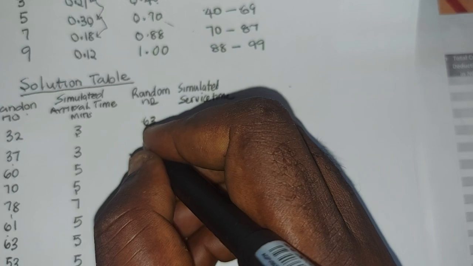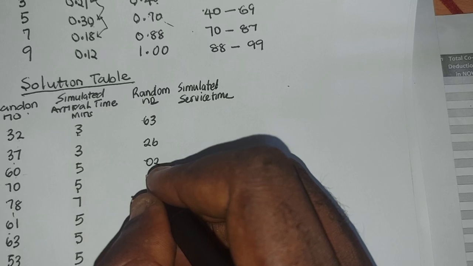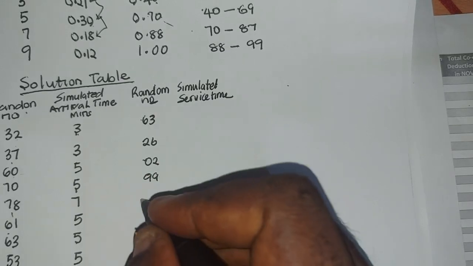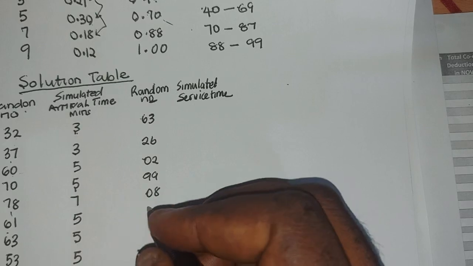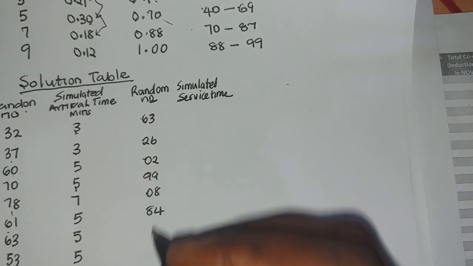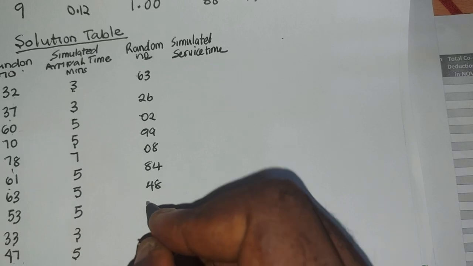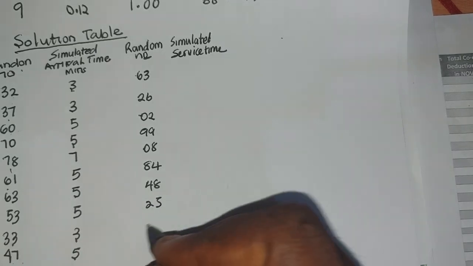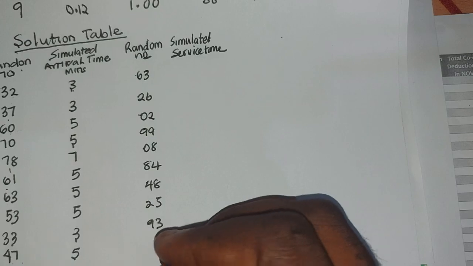The second one is 26. The second one is 02. Then 74, that's the 99. The next one is 08. The next one is 84. The next one is 48. The next is 25. The next number is 93. And the last number is 68.